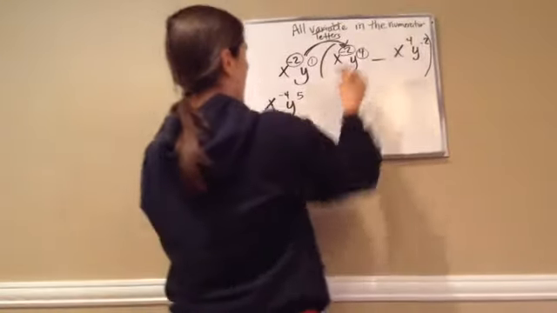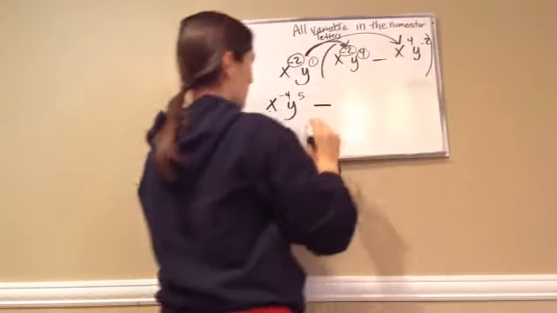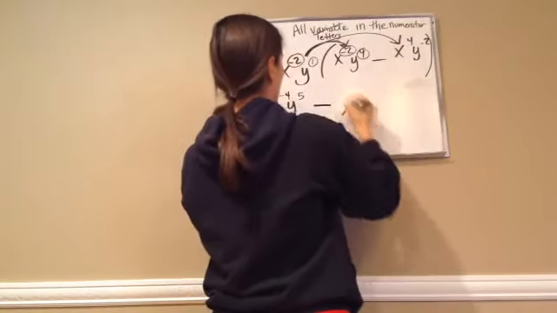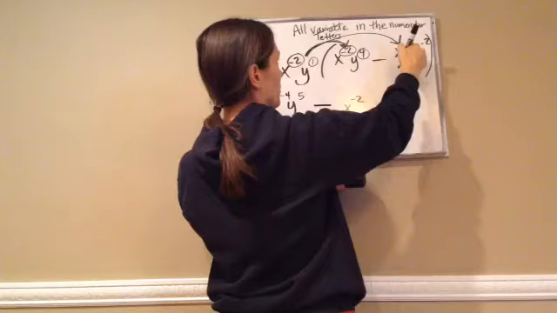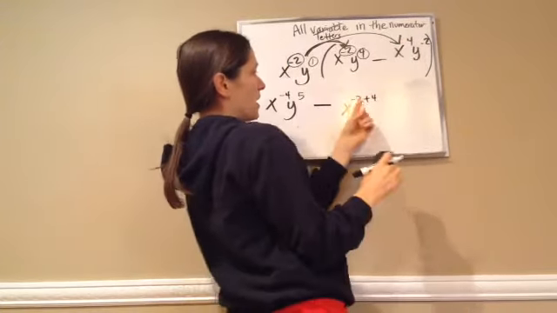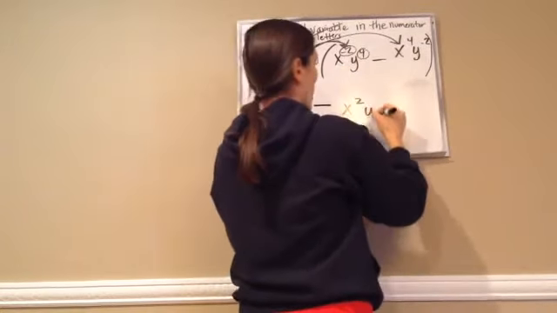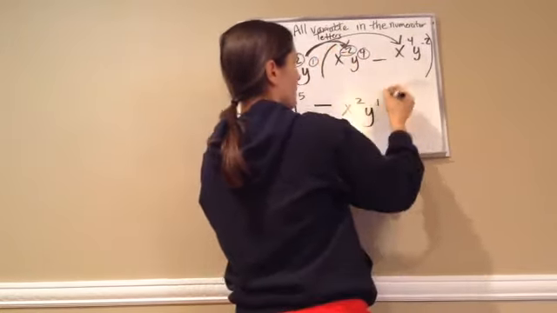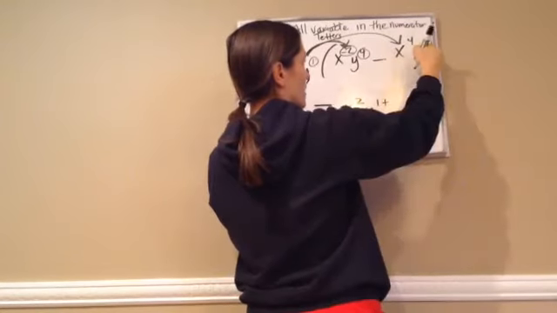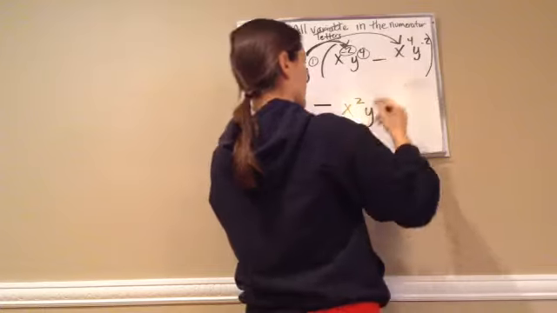All right. Now, minus, you're going to do that to this one. Okay? And this time it's going to be x -2 plus a +4. So this becomes +2. All right. And y, 1 plus a -2, which becomes -1.